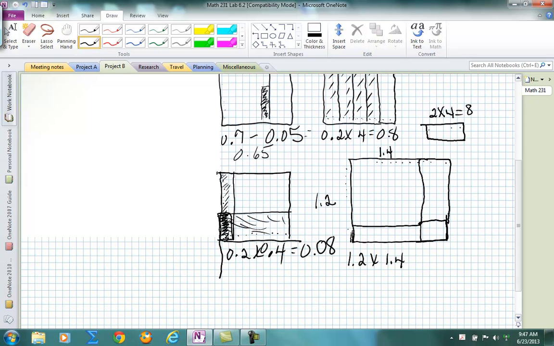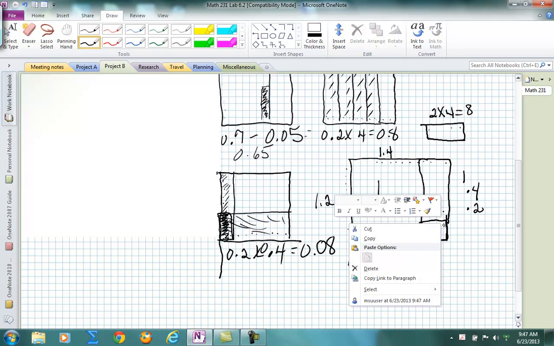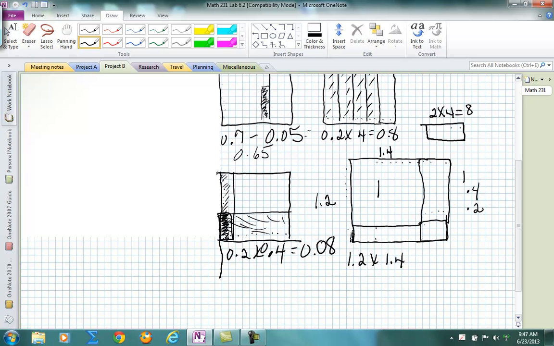This is the unit, so at least I have 1. Then I have 1, 2, 3, 4/10. I have 1 2/10. And then I have 1, 2, 3, 4, 5, 6, 7, 8.